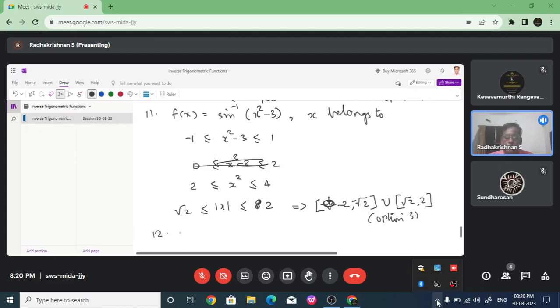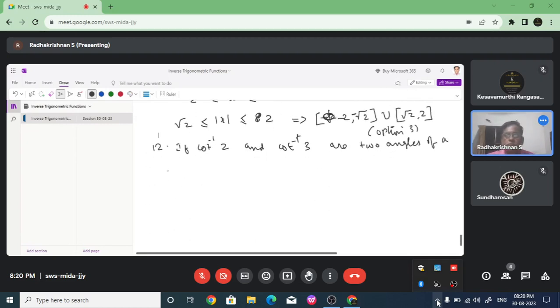If cot inverse 2 and cot inverse 3 are two angles in a triangle, what is the third angle? Think about it.